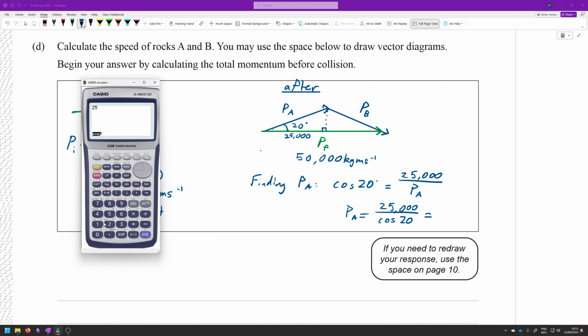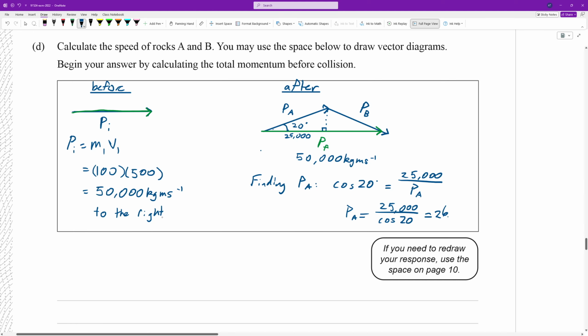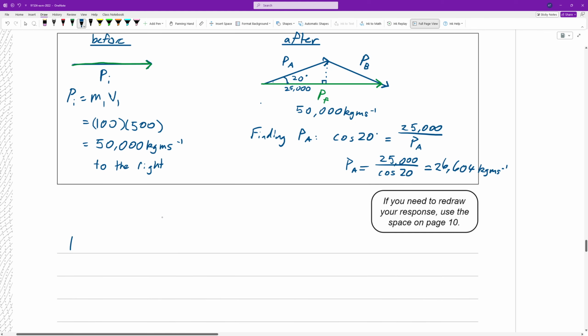So 25,000 divided by cosine of 20 degrees to give 26,604 kilogram meters per second. Let me just scroll down a bit. So PA equals PB equals 26,604 kilogram meters per second.